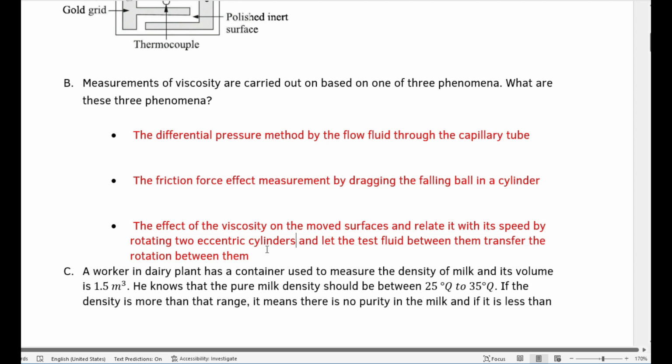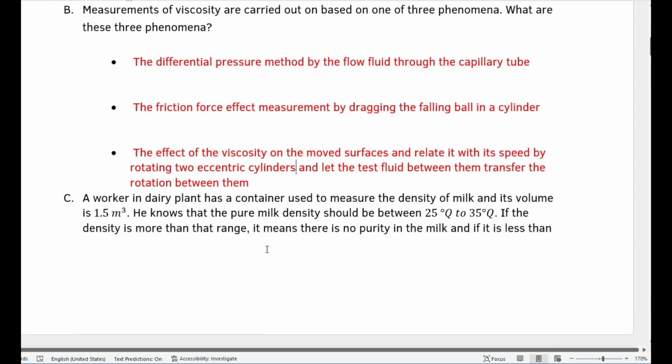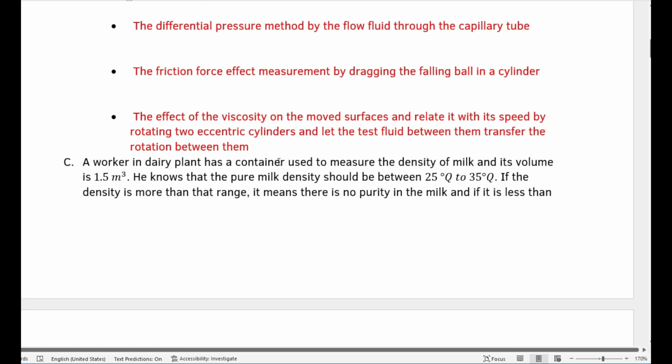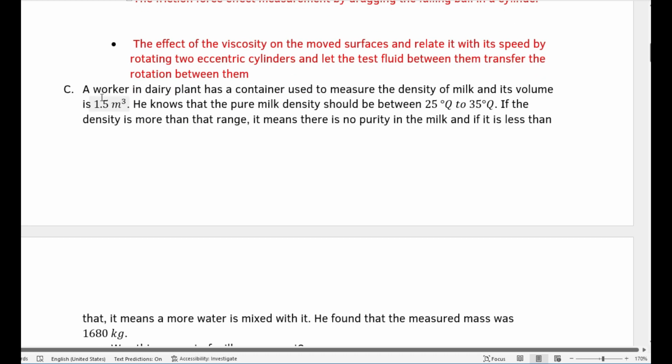These are the three methods or phenomena to measure the viscosity, either by friction, or differential pressure, or by testing the effect on the speed of the layers of the liquids.